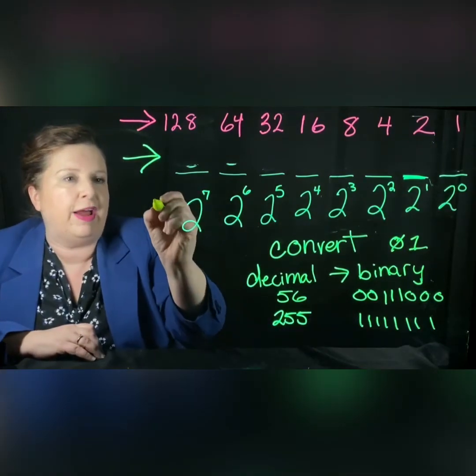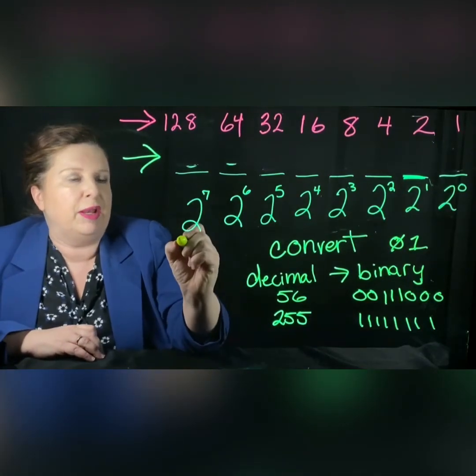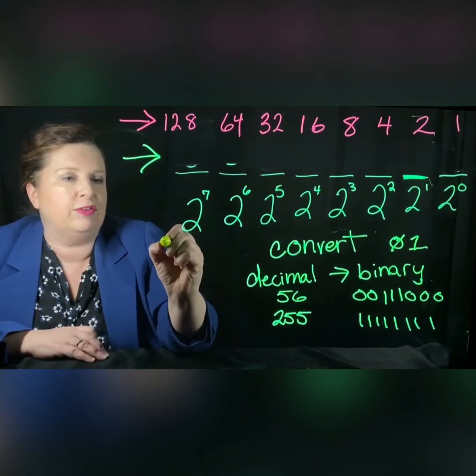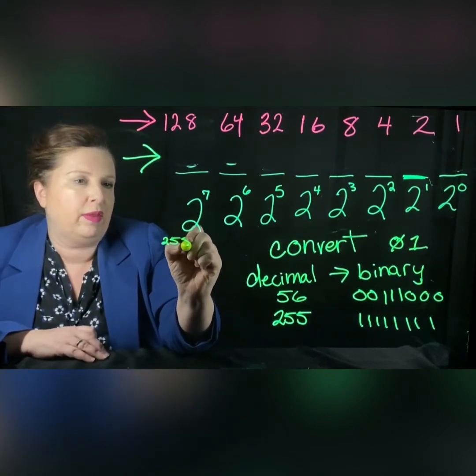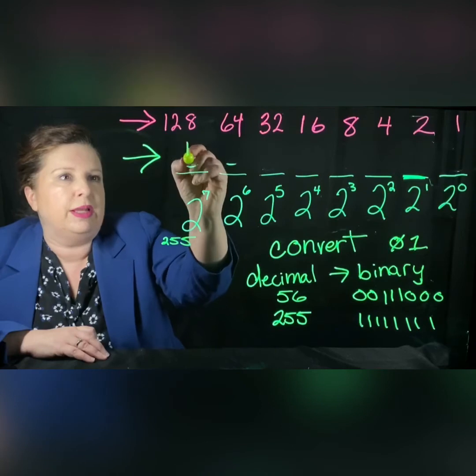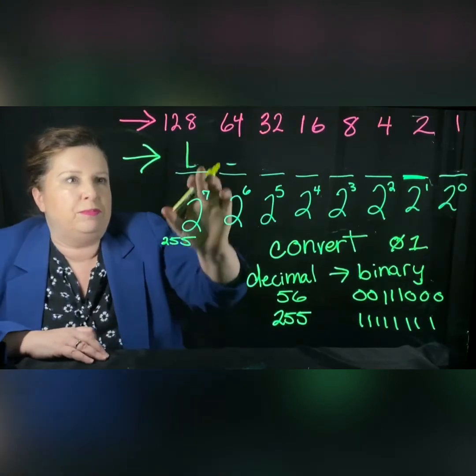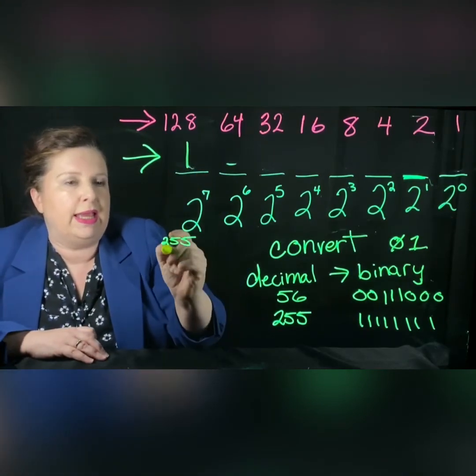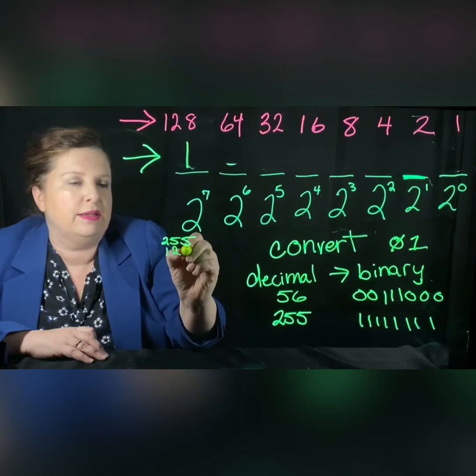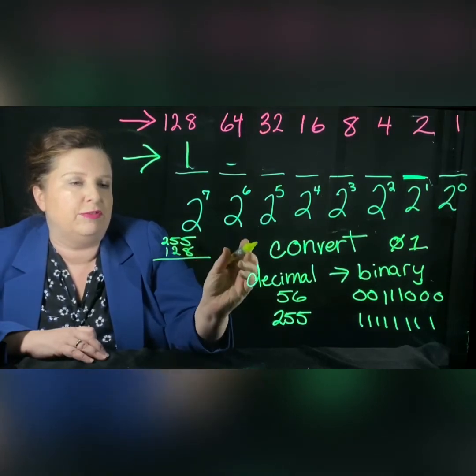So let's take the number 255. I'm going to run out of room, I know I am, but I'll start here. So 255, and we're going to turn this bit on here, the 128, because 128 is going to go into 255.